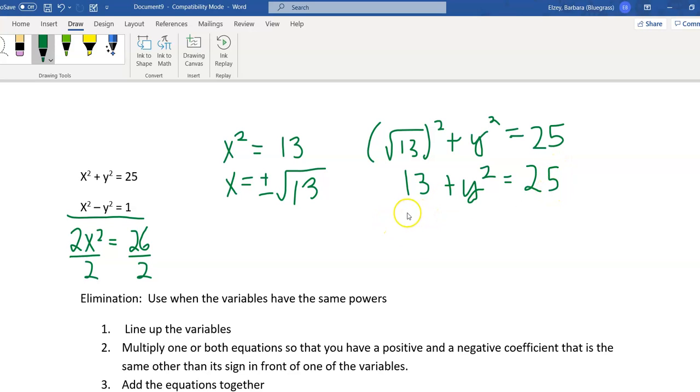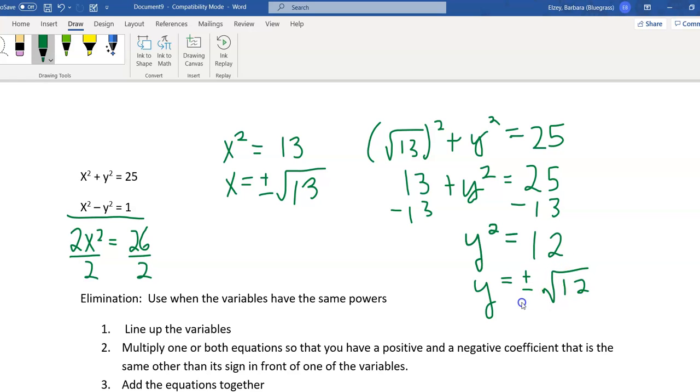Now let's solve this for y. So let's subtract 13. And we get y squared equals 12. So y is the positive and negative square root of 12.